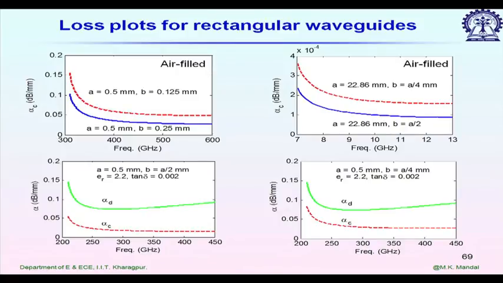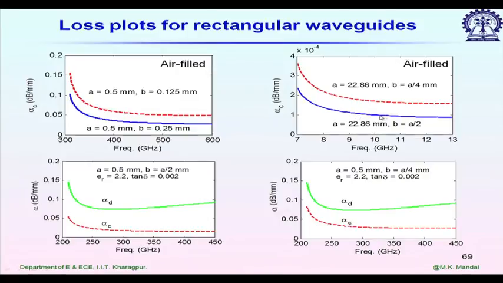Then these are the plots of alpha c for these rectangular waveguides. The first one is for A equal to 0.5 millimeter and B equal to 0.25 millimeter, and the second one is reduced height, so B is 1/4 of A. As we expected, the red line, which corresponds to the thinner waveguide, gives a higher alpha c value.